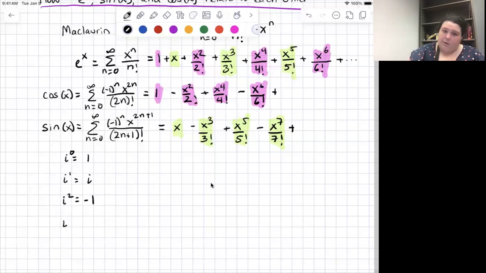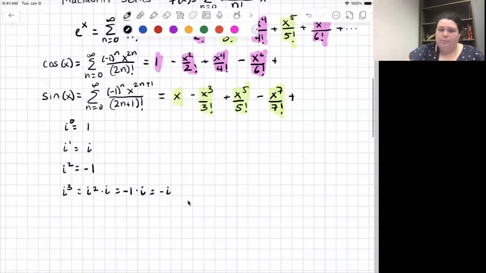If I have now i cubed, well, this is the same thing as i squared times i. So this is just going to be -1 times i, or just -i. So let's just do 1 or 2 more just to feel confident in the pattern that we're seeing here.